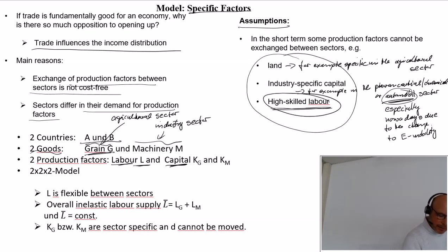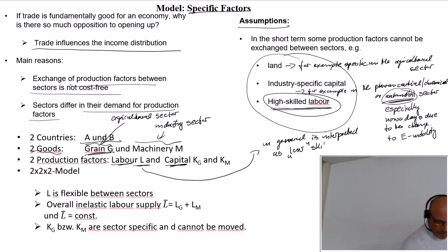And here, since we have said high-skilled labor can also be specific, in general this is interpreted as low-skilled labor, that this is almost always flexible, but capital should be just specific.